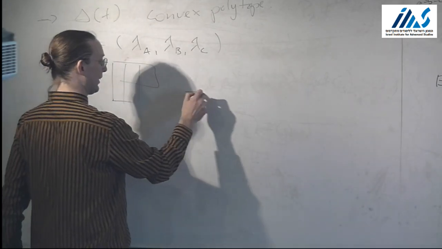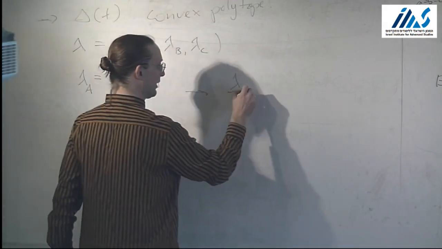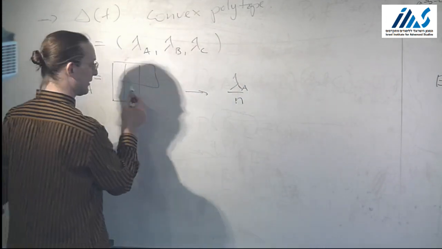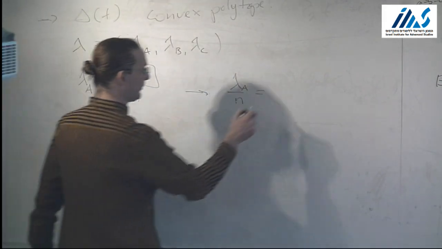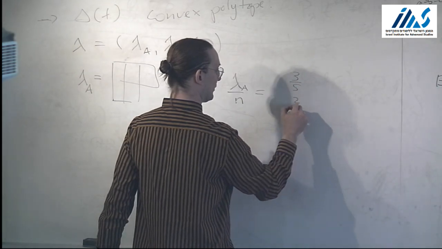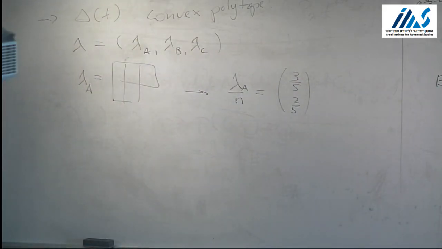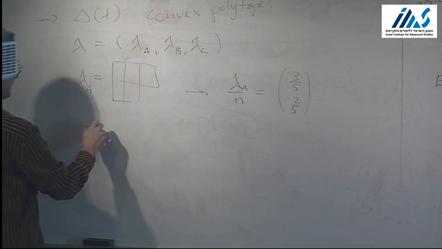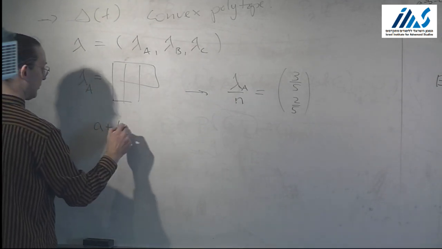And so when I write lambda a divided by n, in this case n is 5, this will be 3/5 and 2/5. It's a vector. So actually the dimension in which this delta t lives is dimension a plus b plus c.